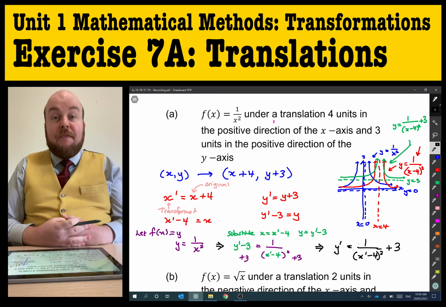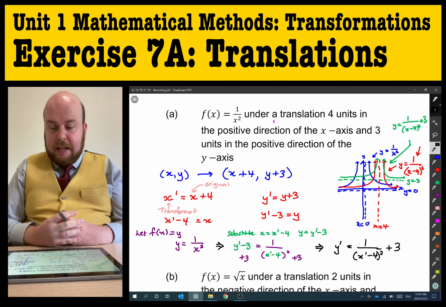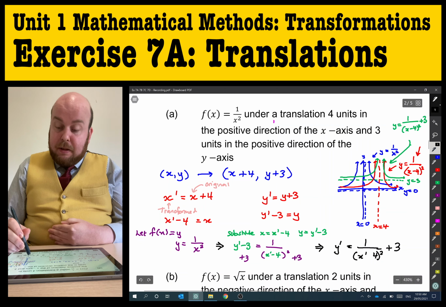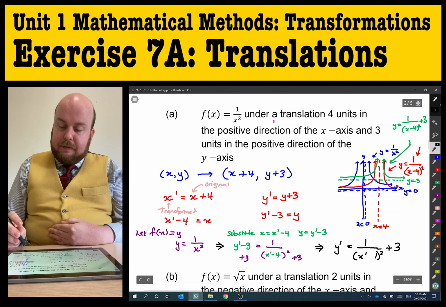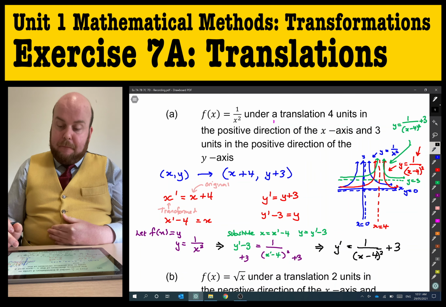And here we go. We have got the new transformed equation that we predicted earlier. The last thing you need to do is get rid of these pesky little apostrophes, and you've got your final answer. For the next examples, I'm simply going to use the method on the left to make my way through.